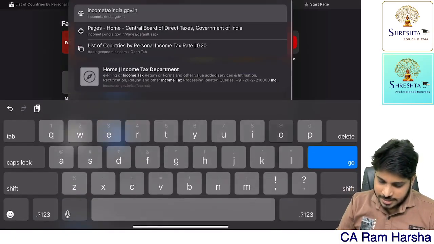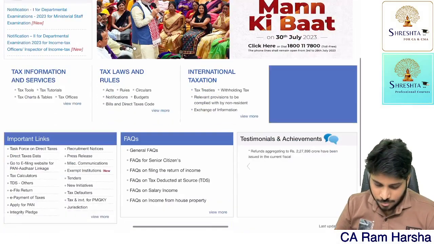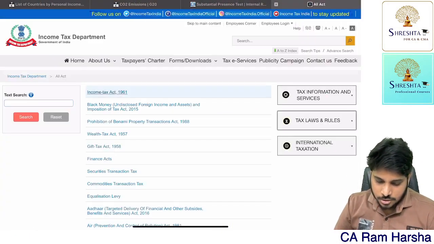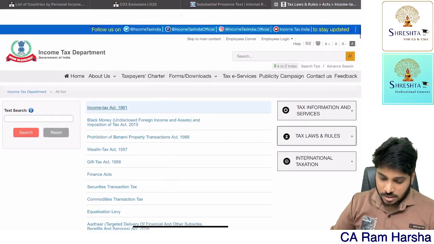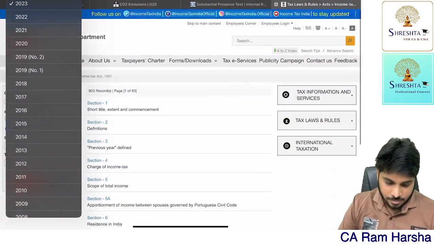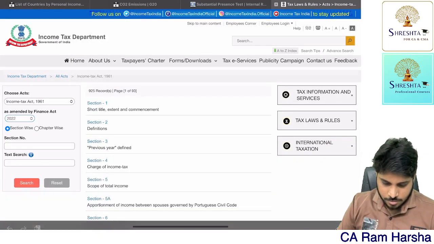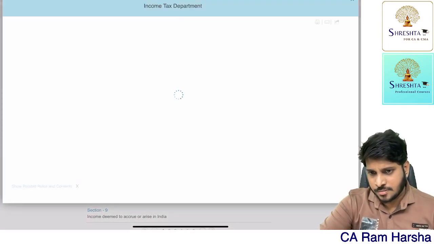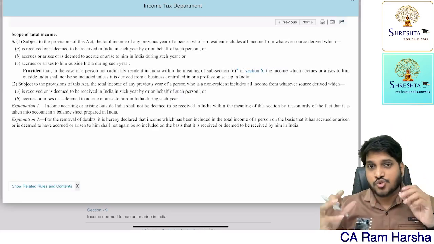So, Income Tax Act. This is the official website of the Income Tax Department. So here itself it is there. Yes. So, scope of total income.